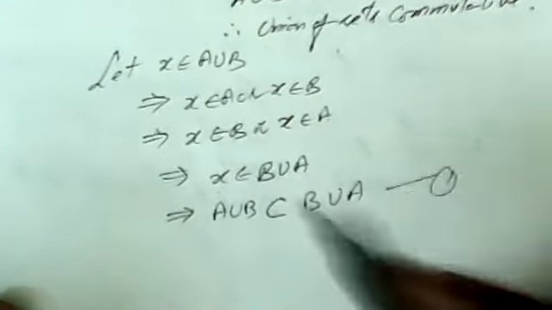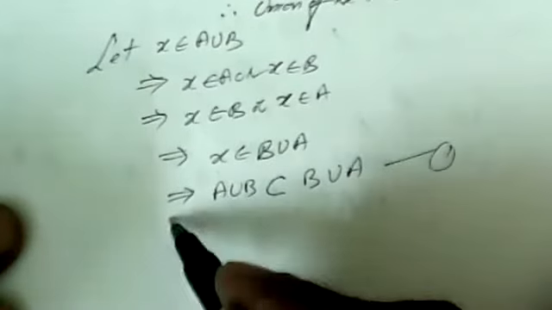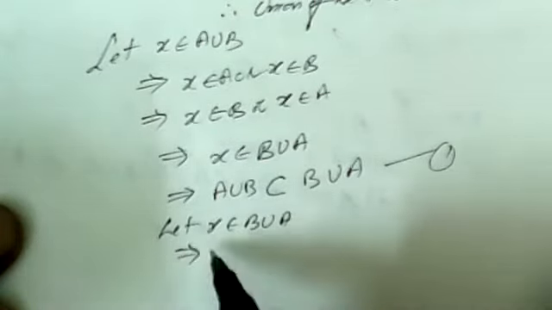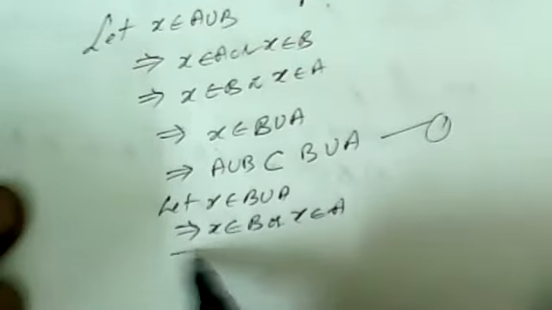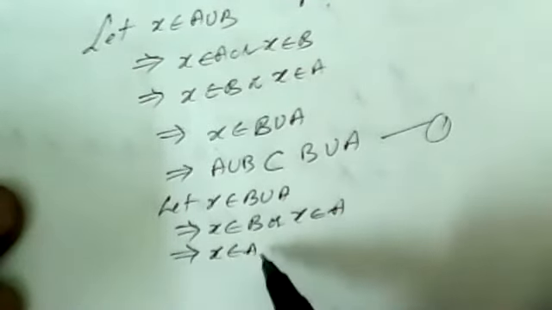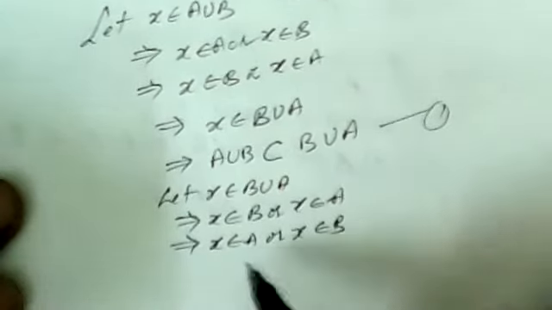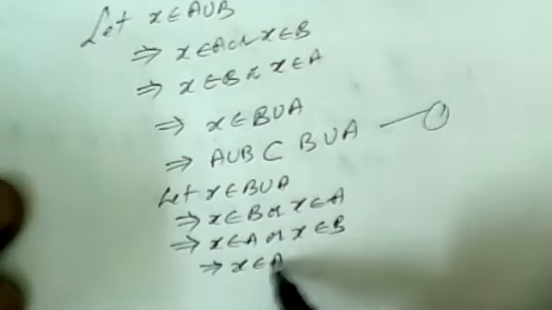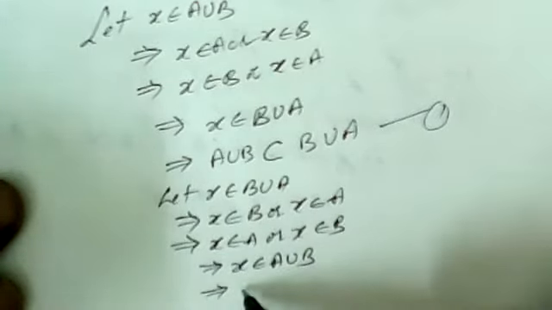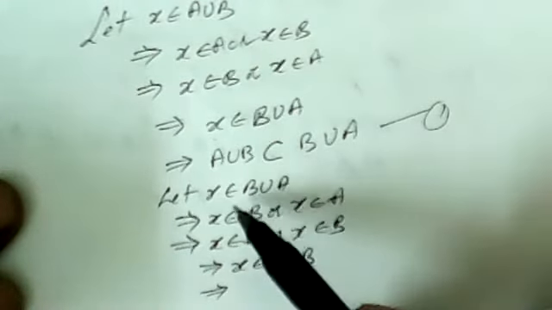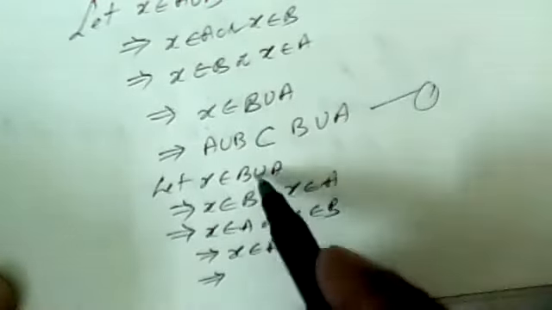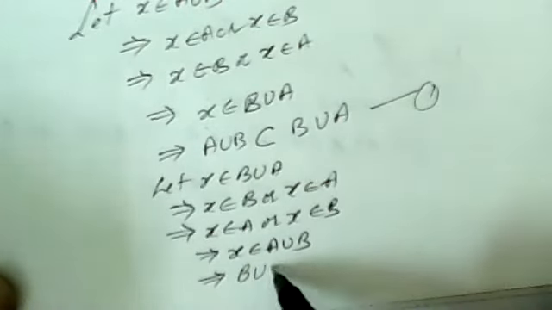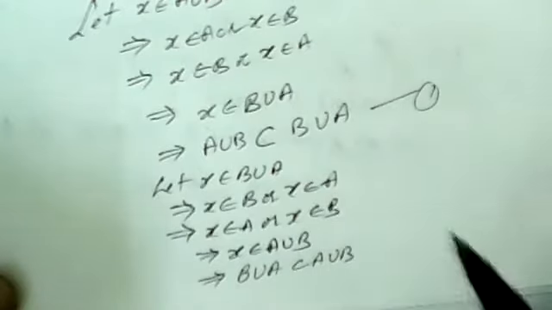This is again 1. Similarly, let us assume this time that x belongs to B union A. This implies x belongs to B or x belongs to A, which implies x belongs to A or x belongs to B, which implies x belongs to A union B. We started by assuming x belongs to B union A and arrived at x belongs to A union B. That means B union A is contained in A union B. So this is 2.